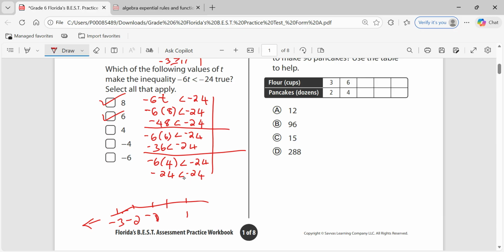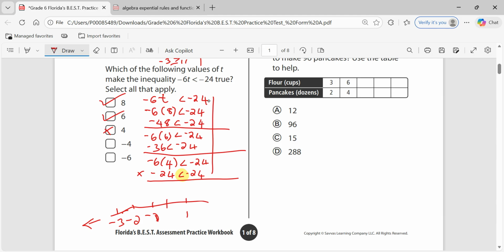That's not true, because -24 is equal to -24, and this sign is not a less than or equal to. So because this is not true, it doesn't say equal, then this will be not true. So no. Now we're going to try the next one.